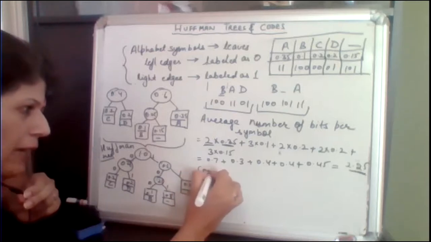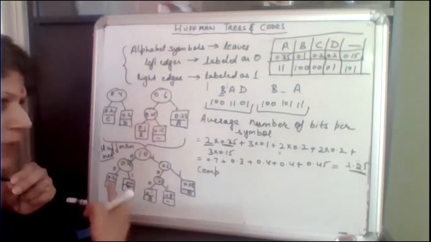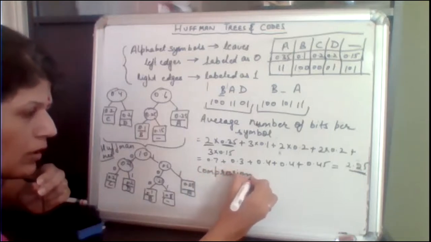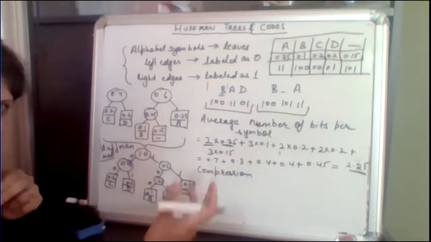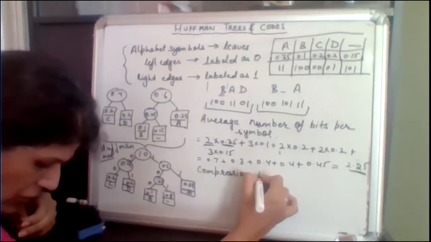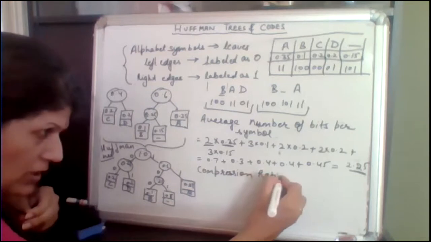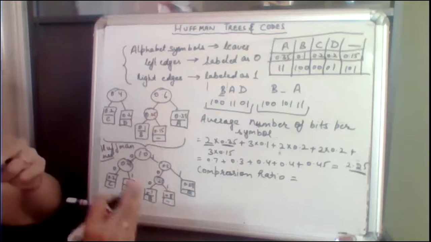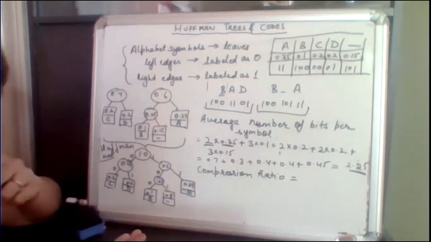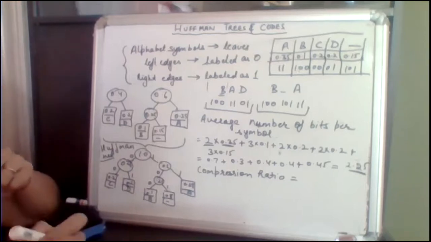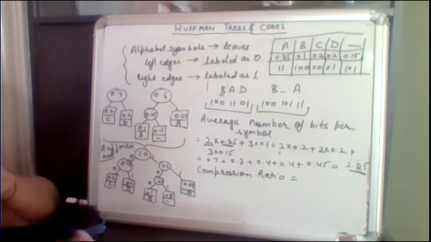Because we have used variable length encoding, this has done a compression to the complete encoding. So we will have a compression ratio here. If we are using a fixed length encoding, the number of bits required to represent each symbol is 3.